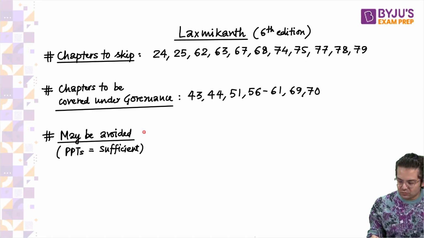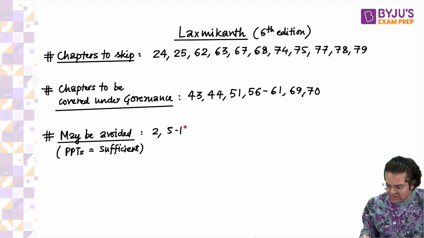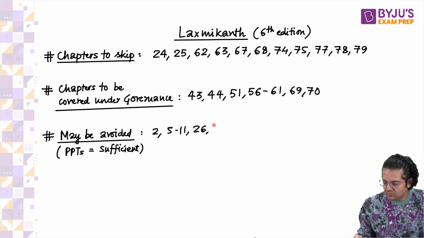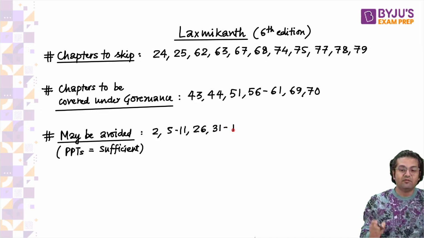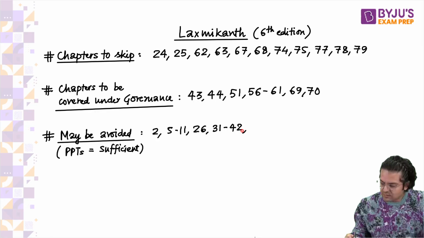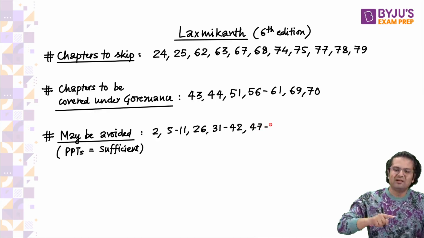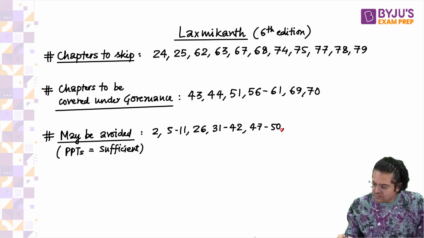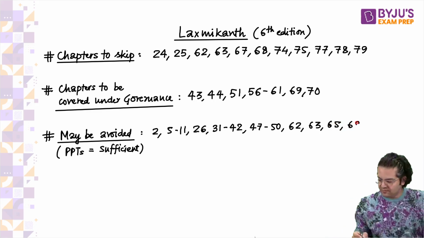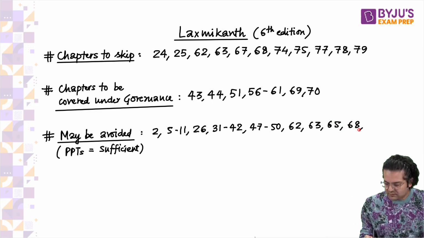So chapter 2, chapters 5 to 11, chapter 26, then chapter 31 to 42, 47, 48, 49, 50, then 62, 63, then 65 also, 68 also, then 71, 72 and 76.